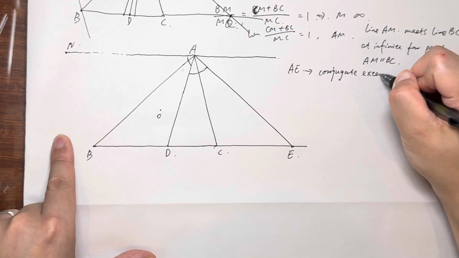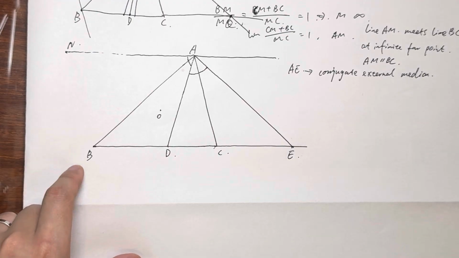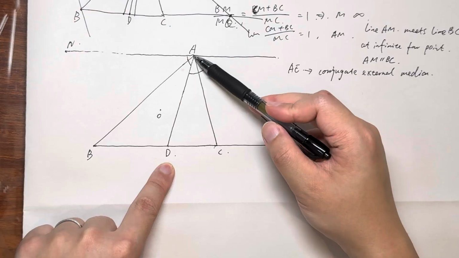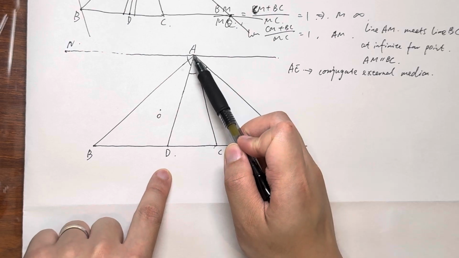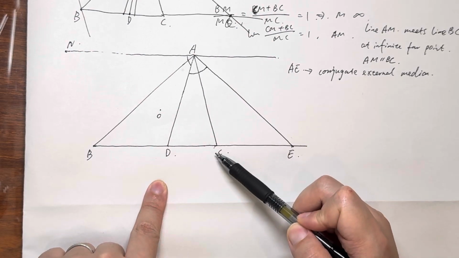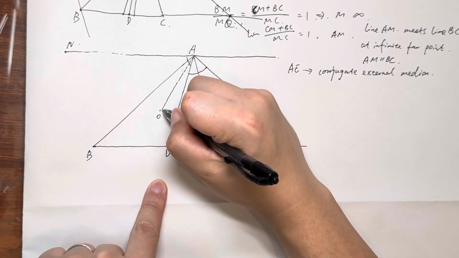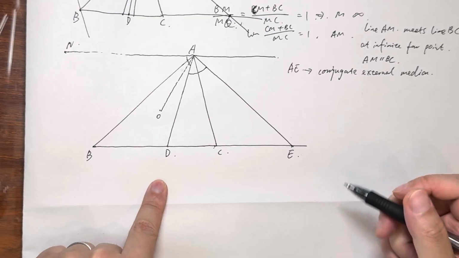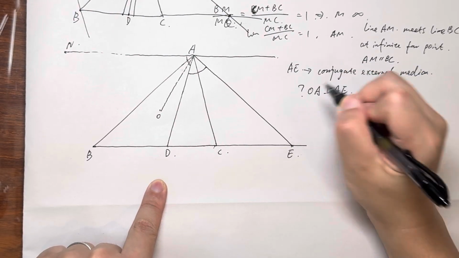Okay, now it's basically saying that the conjugate external median is a tangent line of the circumcircle of triangle ABC, which means if it's true, then OA should be perpendicular to AE. Okay, we want to prove that.